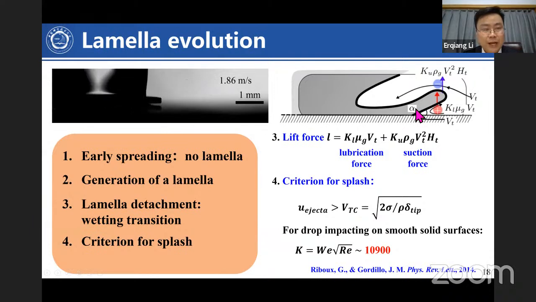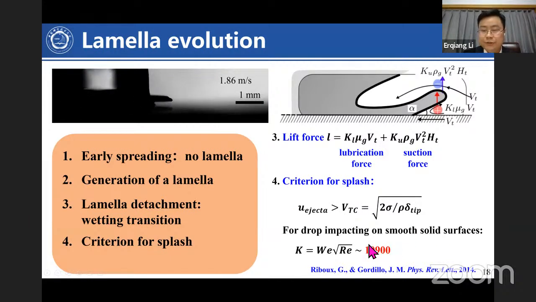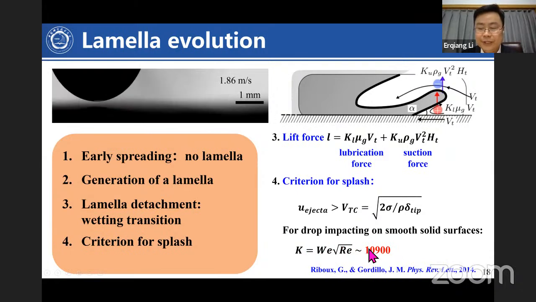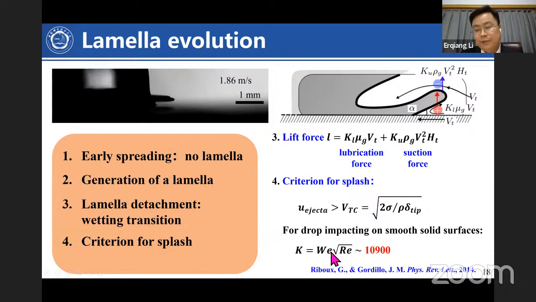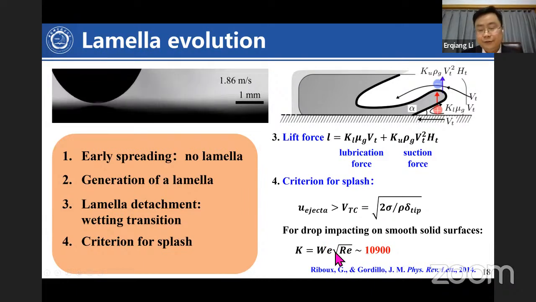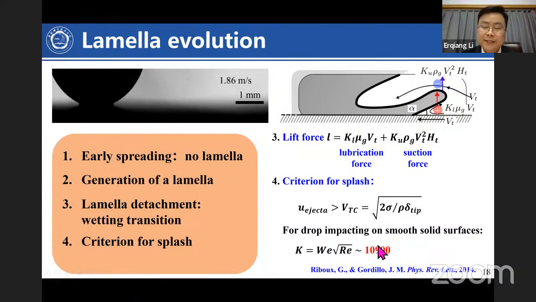So splash will happen under this criterion. For droplet impact on a smooth solid surface, we usually have a splash parameter K, which is the Weber number multiplied by the square root of the Reynolds number. It should be larger than or equal to 10,900. If the real splash parameter is larger than this, you will have splash, okay?